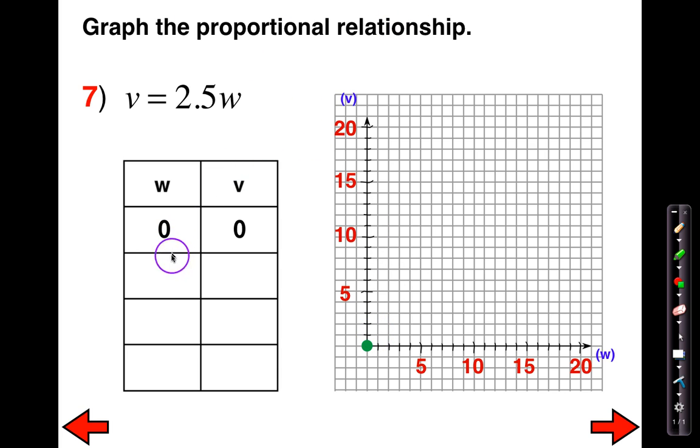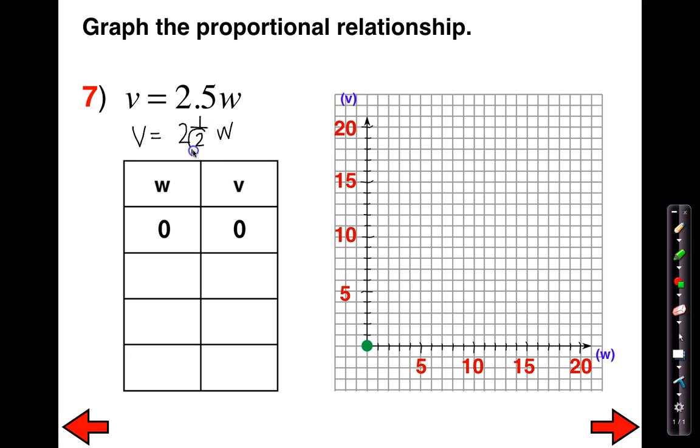Now, like I said, 1 might not be the best choice because 1 times 2.5 is going to give me 2.5. 2.5 is not wrong, but I would prefer whole numbers. So how do I do that? Well, another way of writing 2.5 would be 5/2, so V equals 5/2 W. If you remember from the previous slide, I told you if you want to avoid getting outputs that are fractions, you want to multiply by multiples of the denominator.